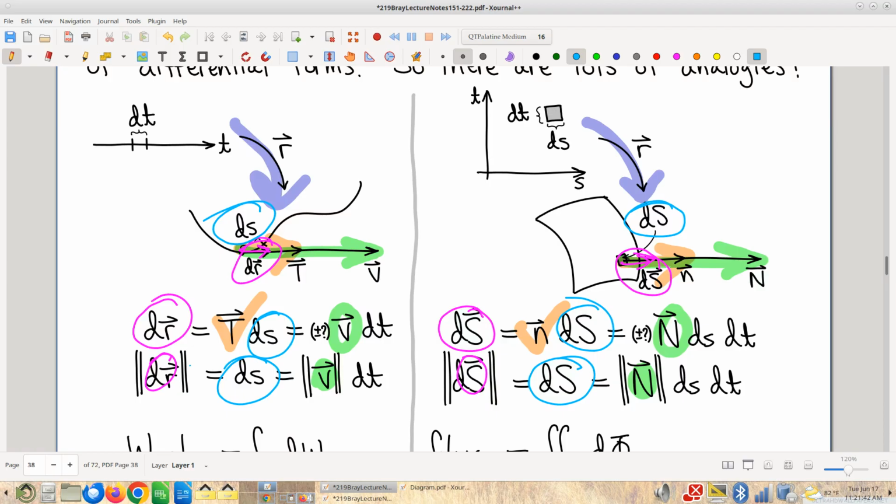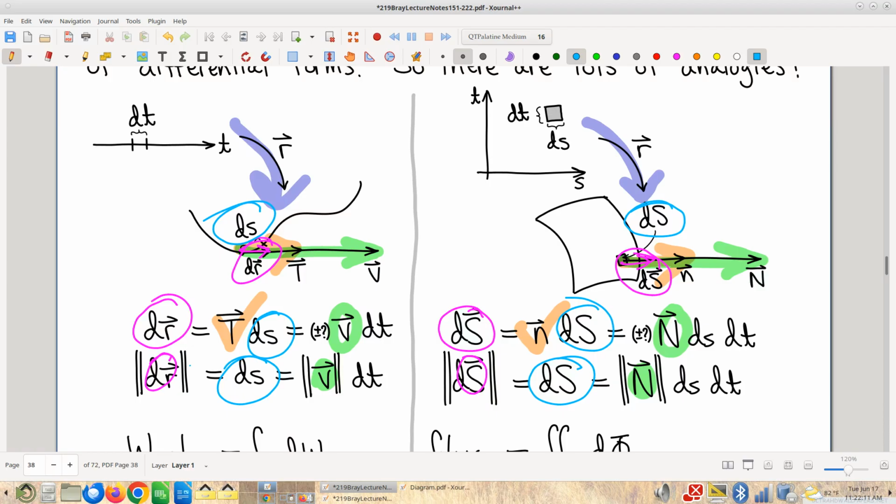But maybe if you're a little uncomfortable with what role capital N plays and how you should think about capital N, well, it plays a role apparently totally analogous to the role that the velocity vector plays. It's computed from the parameterization. It points in the direction of the orientation, plus or minus, depending on whether you did it upside down or backwards or forwards.